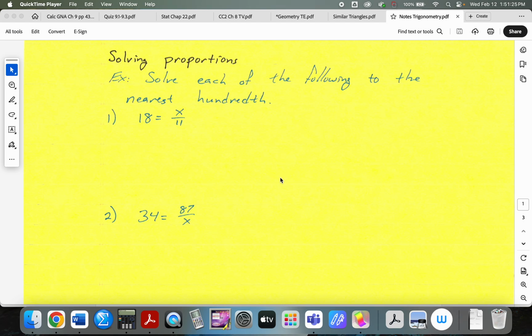Hundredth is how many decimal places? Two places behind the decimal. That's going to change depending on the problem. Some problems are going to ask you to round to the nearest tenth, some to the nearest hundredth, some to the nearest thousandth. You have to know which is which. You will lose points every time you misround something.